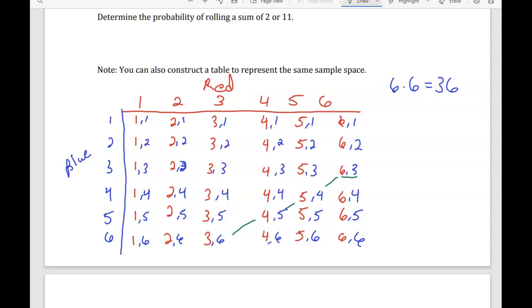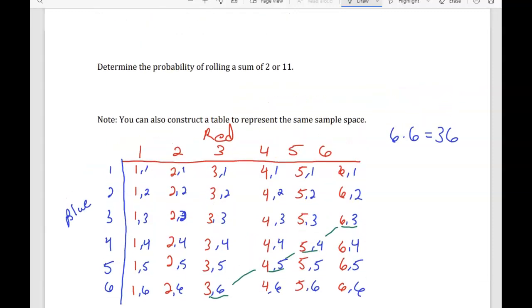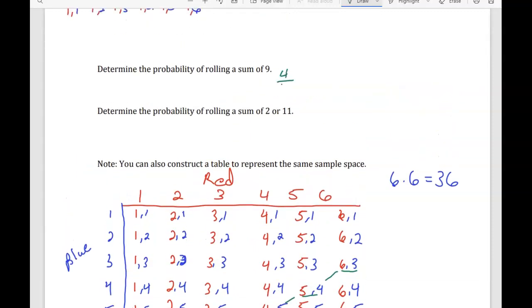This diagonal will add up to 6, 5, 4, 3, and 2. Here we have 8, 9, 10, 11, and 12. So we have 1, 2, 3, 4 pairs that will add up to 9. That is 4 out of 36, which is the probability of sum of 9, and that can be simplified into 1/9.